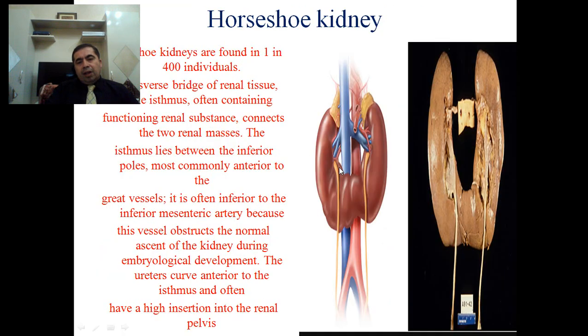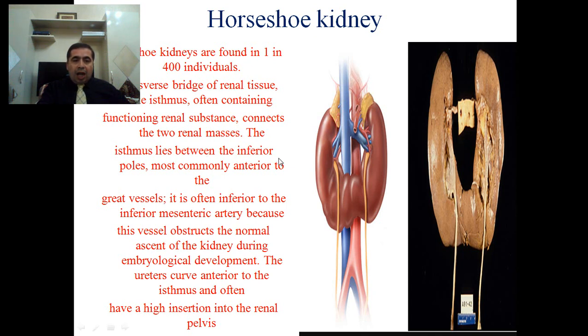This is a very interesting abnormality of the kidney, the horseshoe kidney. Both kidneys connect by their inferior poles and form a horseshoe-like structure. Horseshoe kidneys are found in 1 in 400 individuals. A transverse bridge of renal tissue, the isthmus, often containing functioning renal substance, connects the two renal masses.